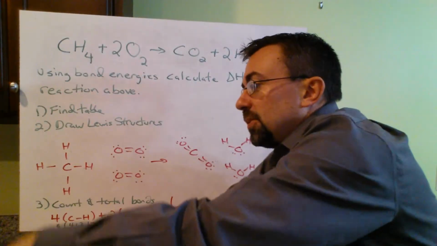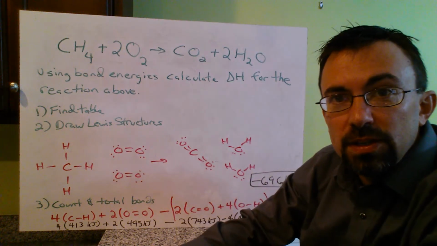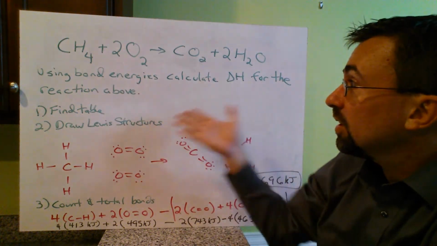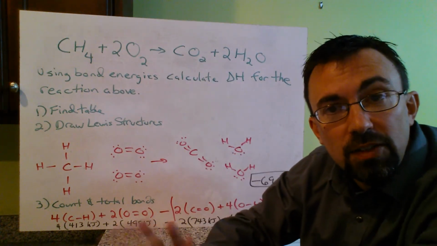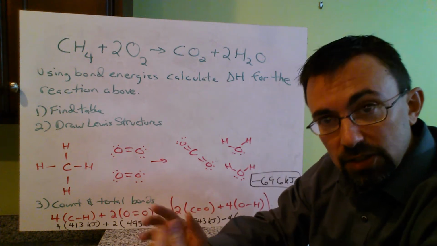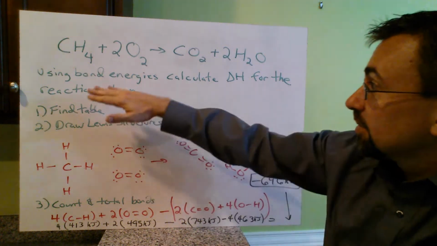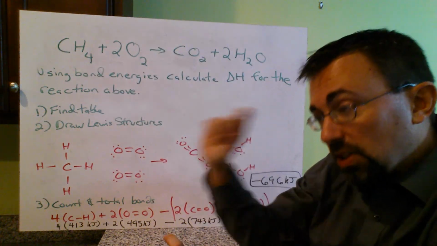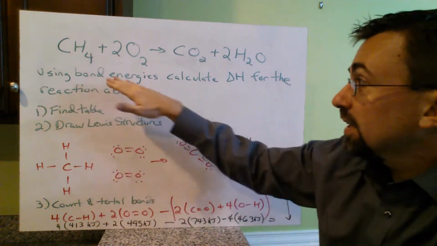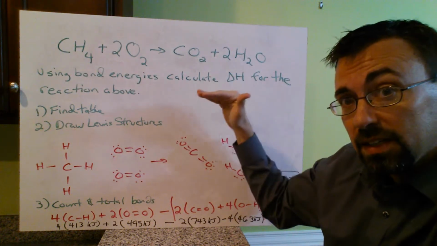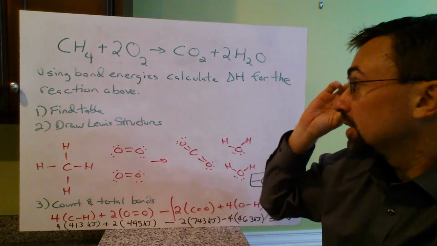Let's just work an example. There are 2 ways to do this. One, the standard way, is to estimate the overall energy change. The other way is if you have the overall energy change, you're trying to get at the bond energy of one of the pieces. First thing you want to do, it'll be clearly spelled out in the word problem: using bond energies, calculate either bond energy or calculate the enthalpy change. Easy enough.